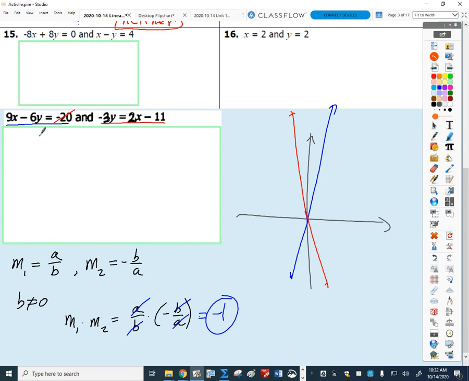Should be what? 3/2? Yep. There you go. So I get not y, I get slope, don't I? So my blue slope is 3/2. What's my red slope going to be, Andrew Deminu? -2/3. Okay, so what's that tell you? Good, they're perpendicular.